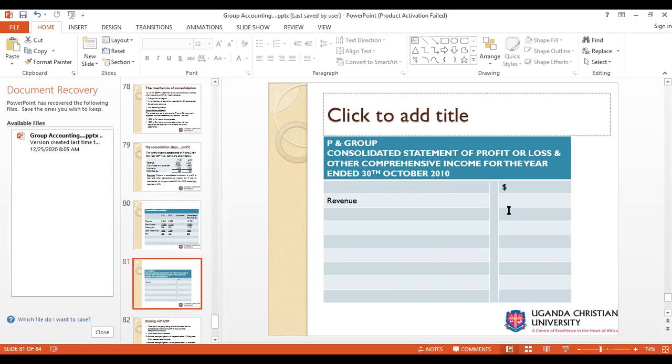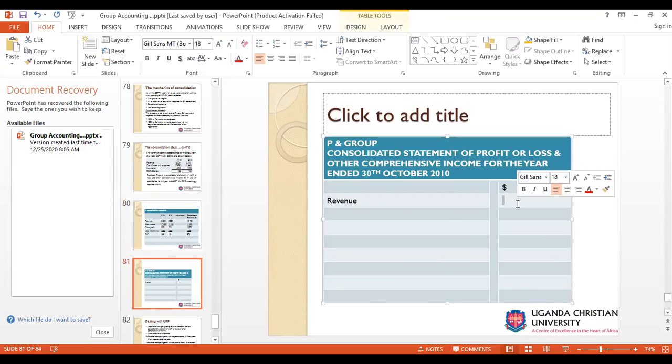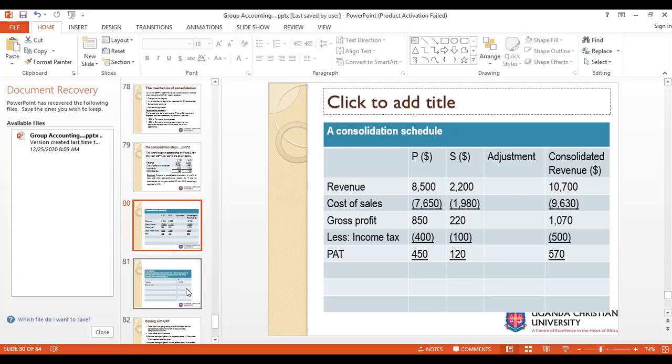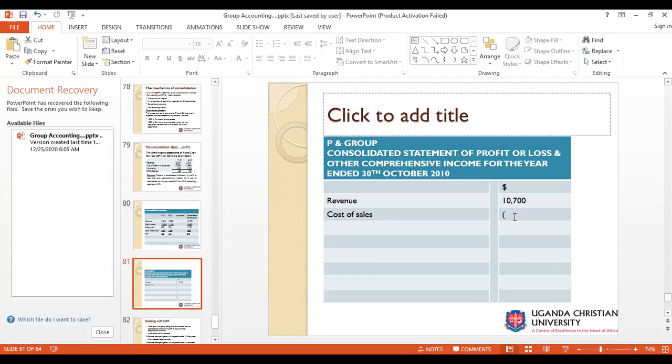Why is it 10,700? Then cost of sales. You also pick it from here, 9,630.